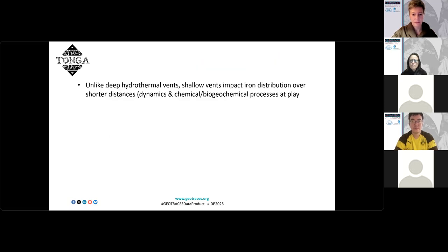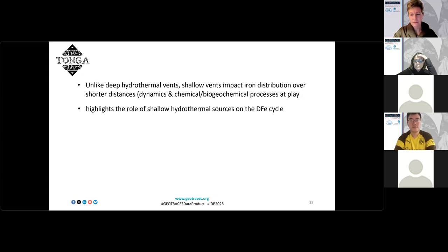So to finish, these are a few take-home messages. So first, unlike deep hydrothermal vents, shallow vents impact iron distribution over shorter distances due to stronger dynamics in the surface waters, combined with chemical, biogeochemical processes at play. This work also highlights the role of shallow hydrothermal sources on dissolved iron cycle.